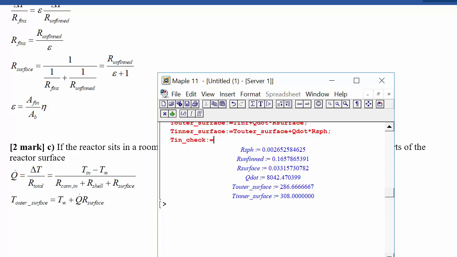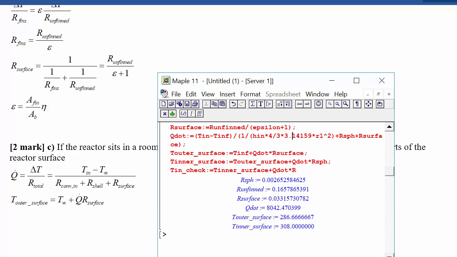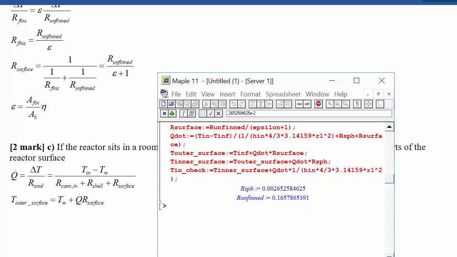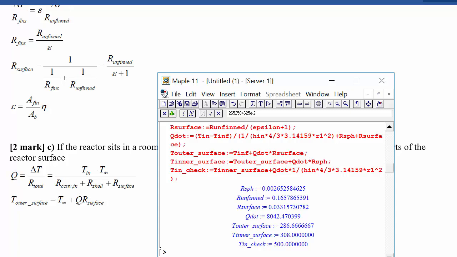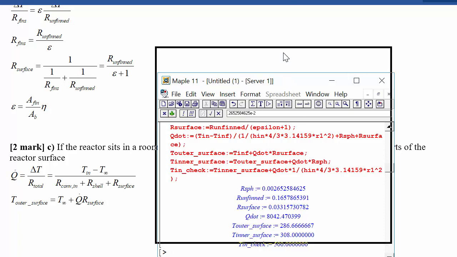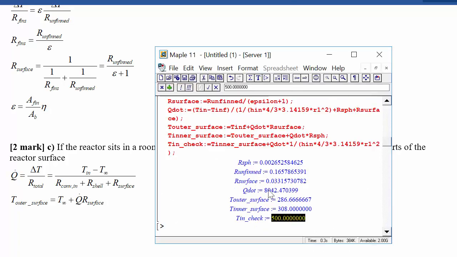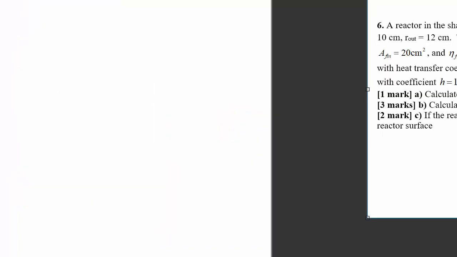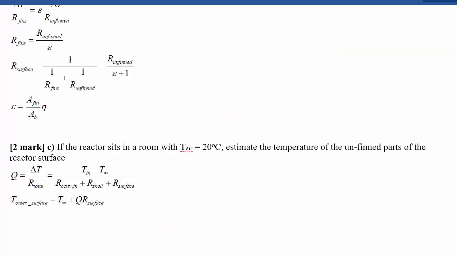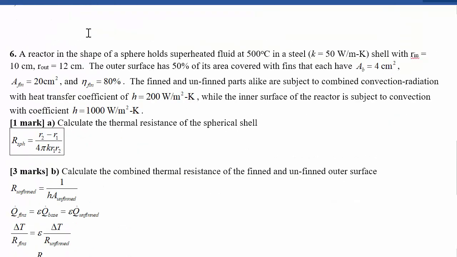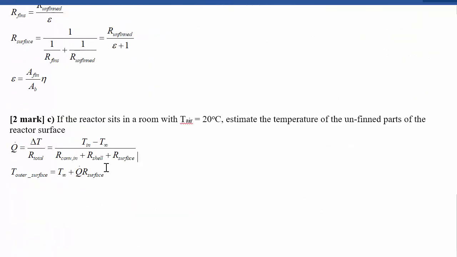So a check of the inner temperature would be T inner surface plus Q dot times R in, which we didn't define a variable for, but was equal to this. And that should get us back to 500. All right, so there we have it. Everything calculated up. We just substituted into all of these formulas with the parameters that they gave us and got our answers.